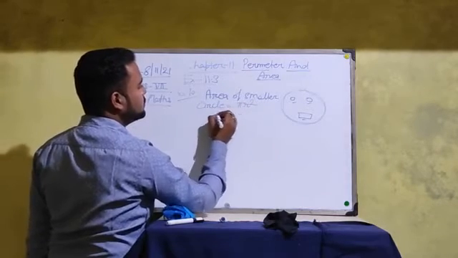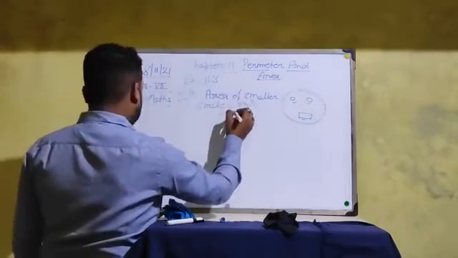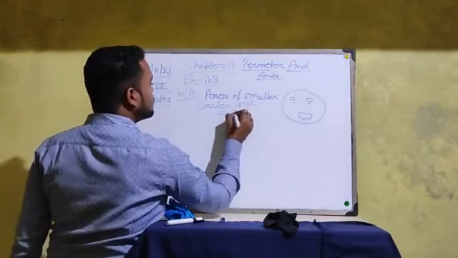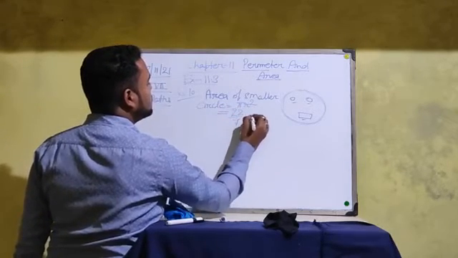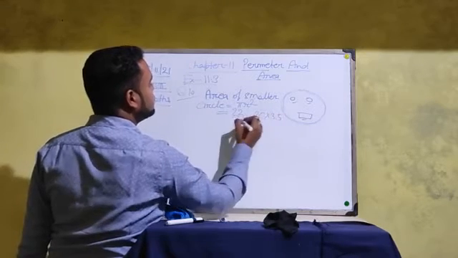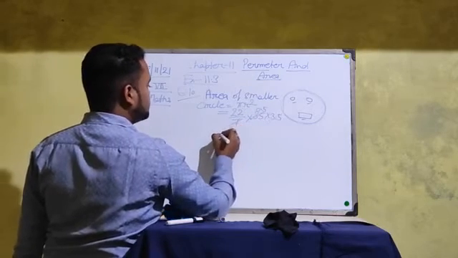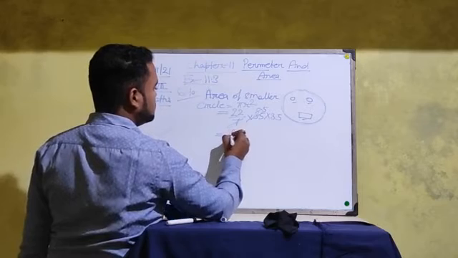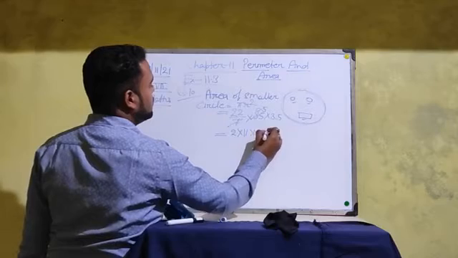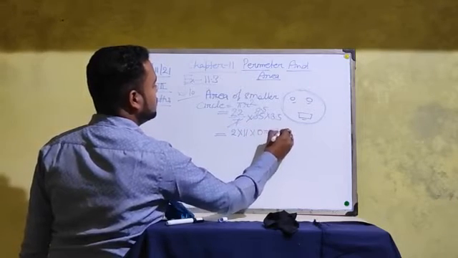Here the radius of this circle is given 3.5 centimeter. So here we take the value of pi as 22/7. 3.5 into 3.5, 7 5s are 35. So it can be written as 2 into 11 and 0.5 into 3.5.